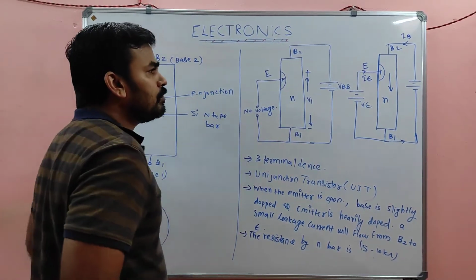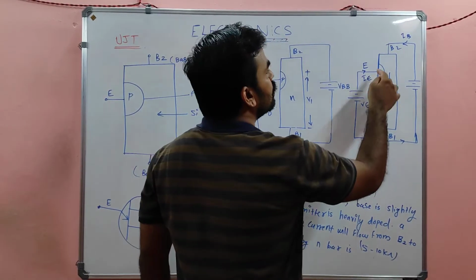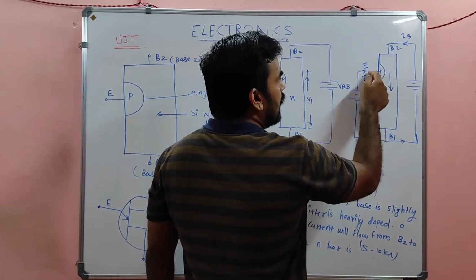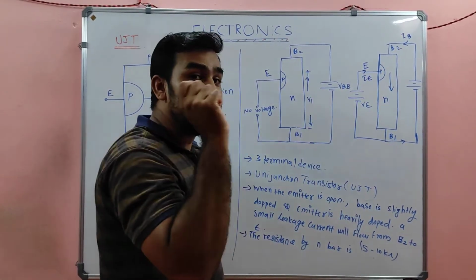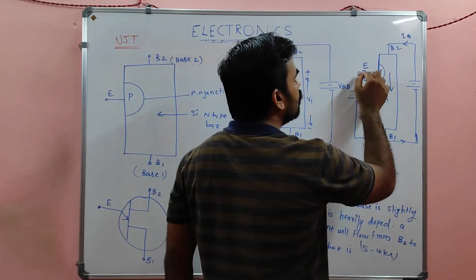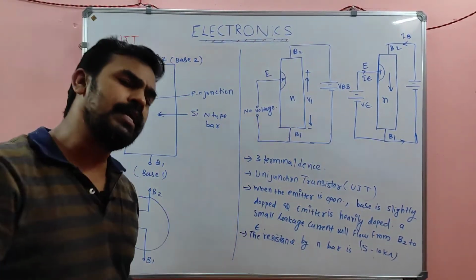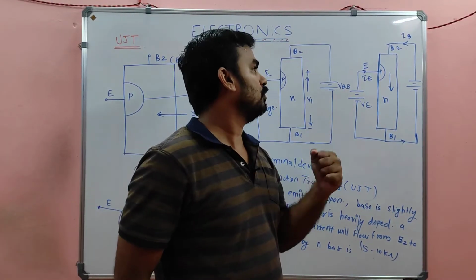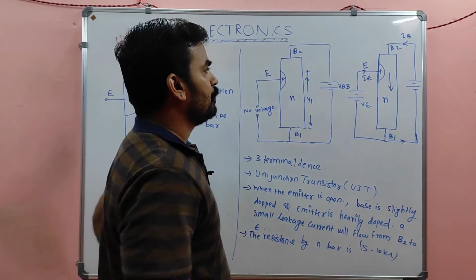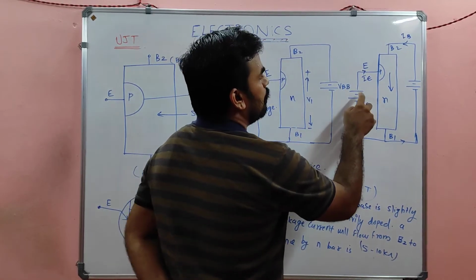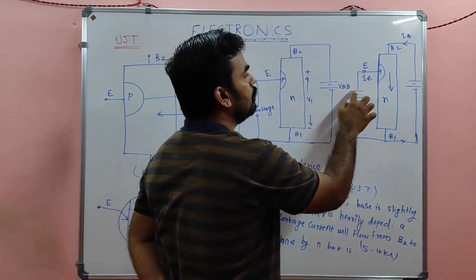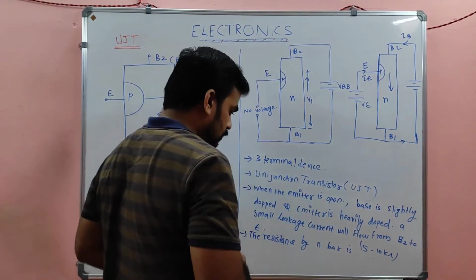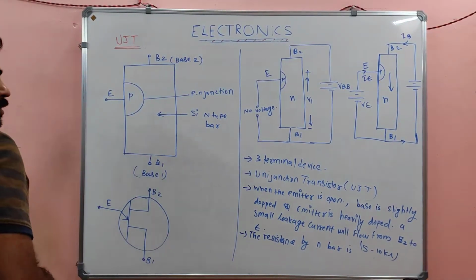Okay, and now what happens, my dear, if we apply a voltage in the emitter terminal? When a positive voltage is applied at this VE, we will write it here.